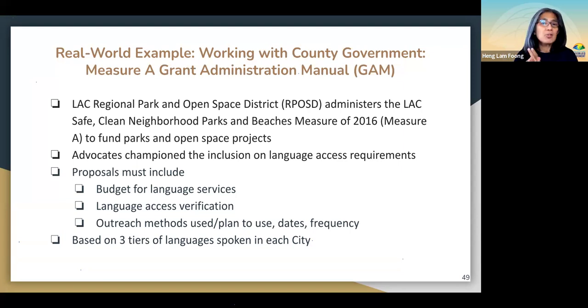The applicant must do some language access verification and demonstrate that outreach methods use current data. And there is a plan that the applicant must demonstrate to engage with people in the community that speak different languages. And there are 3 tiers that are prescribed in this manual for the dominant languages in the community. And I'll show you an example of what it looks like. Next slide, please.